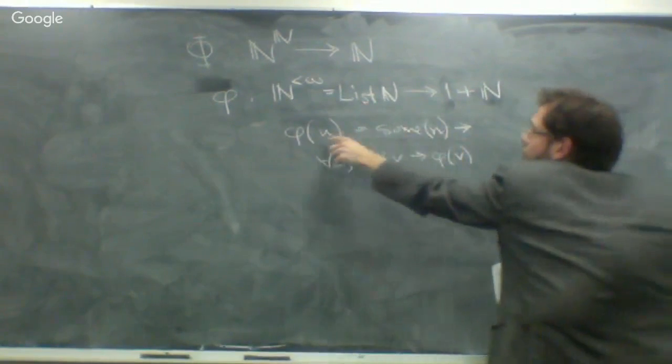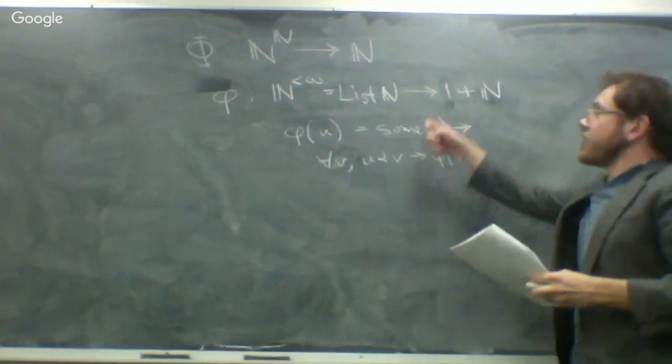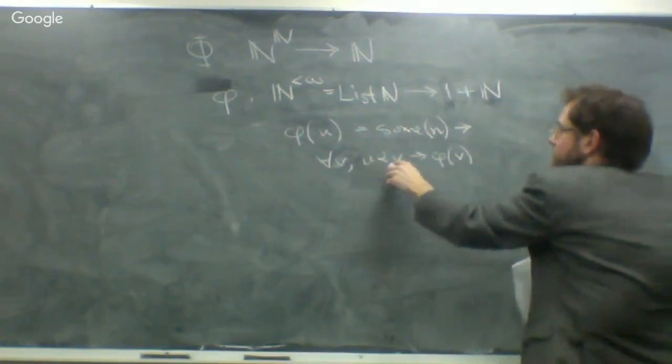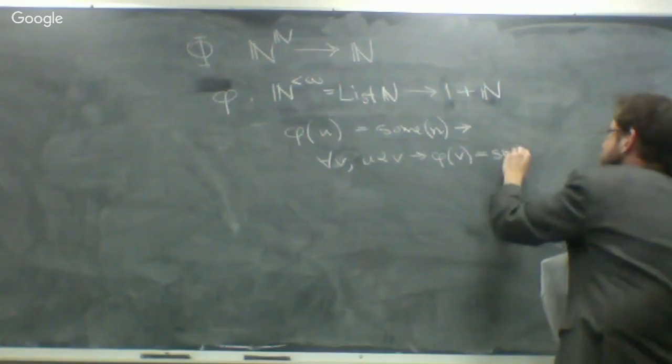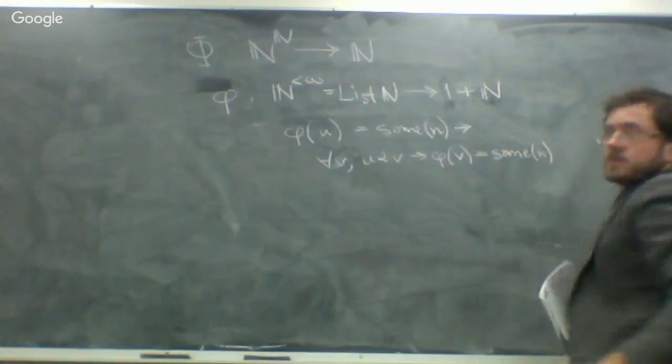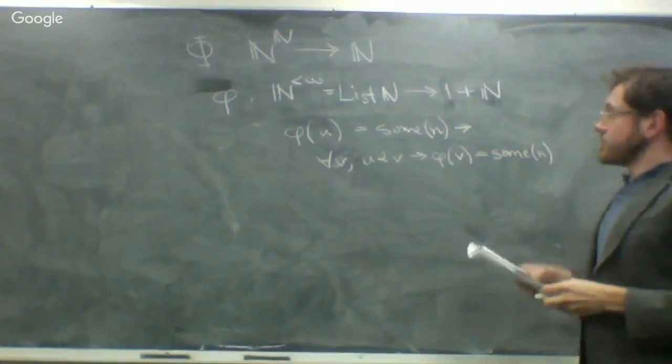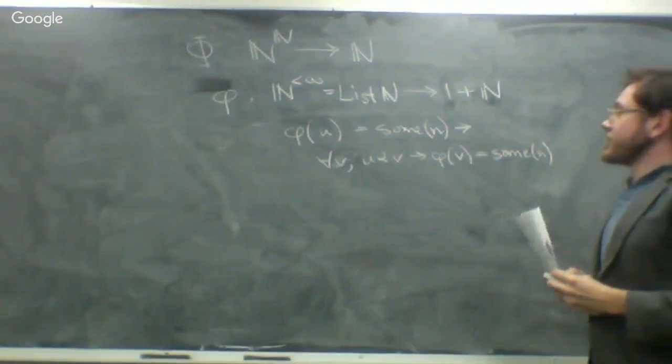If at u we already have enough information to know the output of capital phi, then if you take any extension, you also have enough information and you should get the same result. Okay. That's something that we require for our neighborhood function.